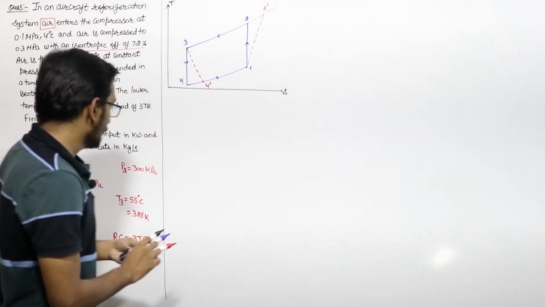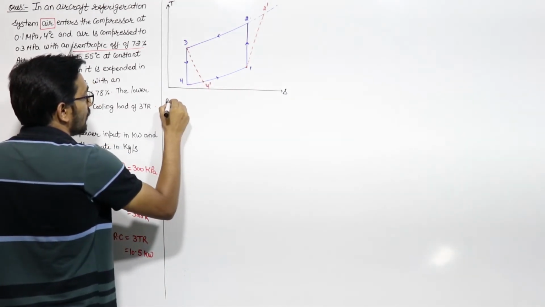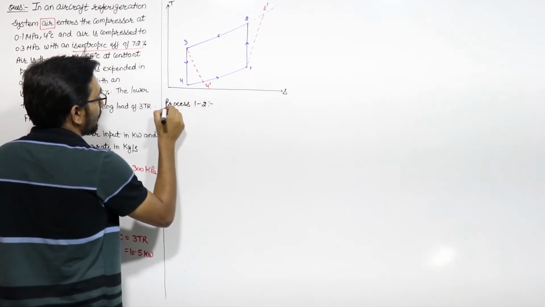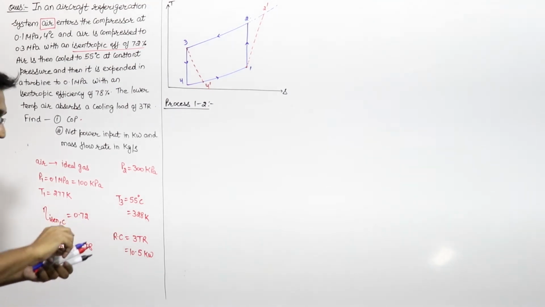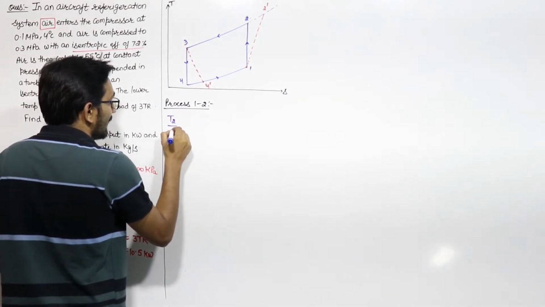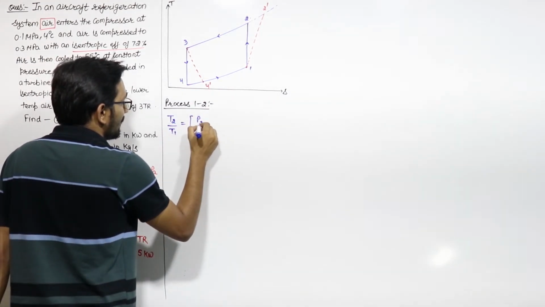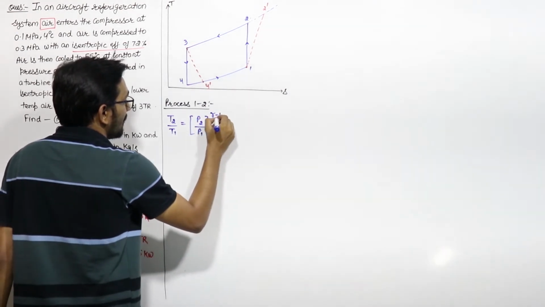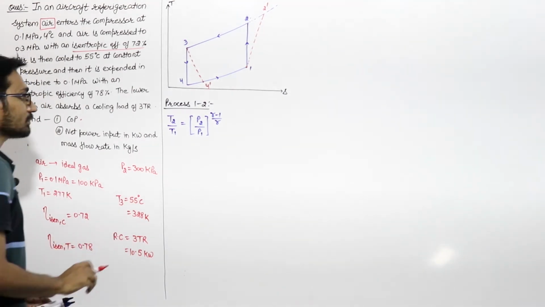First of all, start with the process 1 to 2. 1 to 2 is the reversible adiabatic process. So you can write that T2 by T1 is equal to P2 by P1 raised to power gamma minus 1 upon gamma. There is no mention of gamma, so we'll take gamma is equal to 1.4.